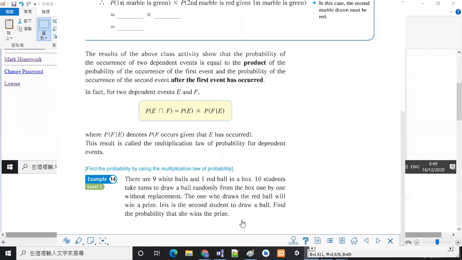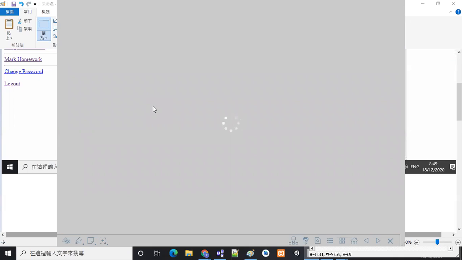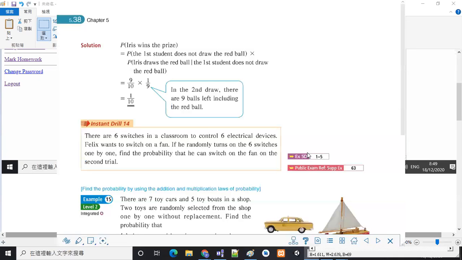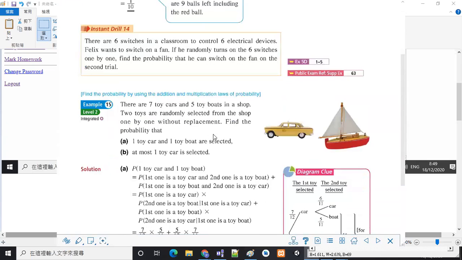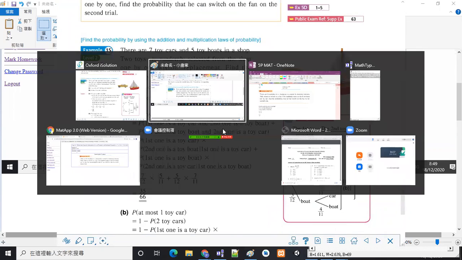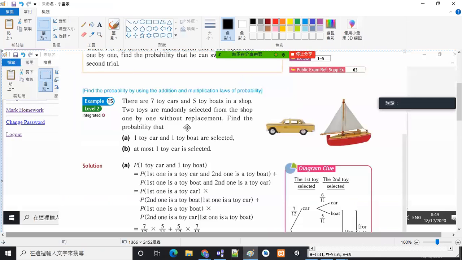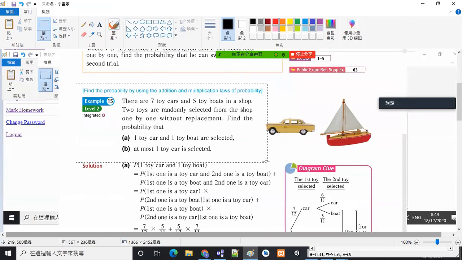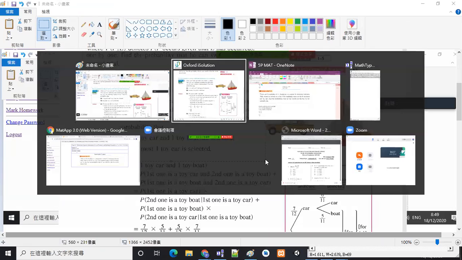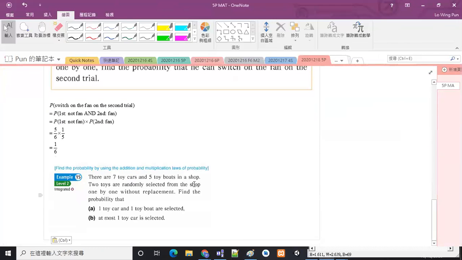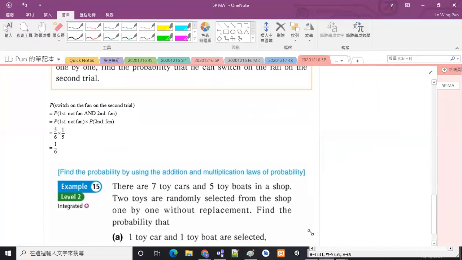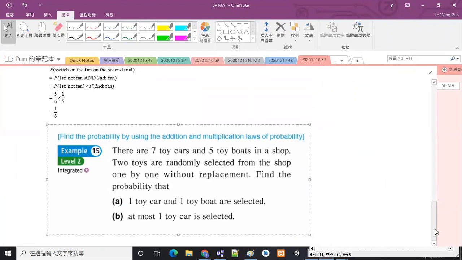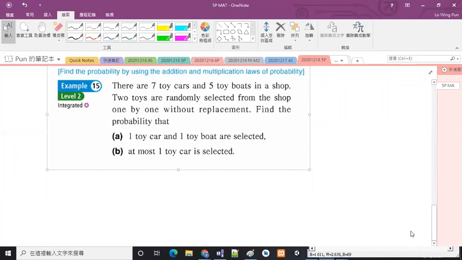example 15。嗱，呢度睇多啲啊，因為有好多唔同嘅處境，唔同嘅題型喺度嘅。Example 15. So there are 7 toy cars and 5 toy boats in a shop. 2 toys are randomly selected from the shop one by one without replacement. Can you see this again?